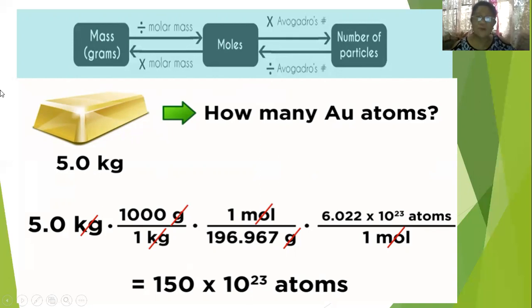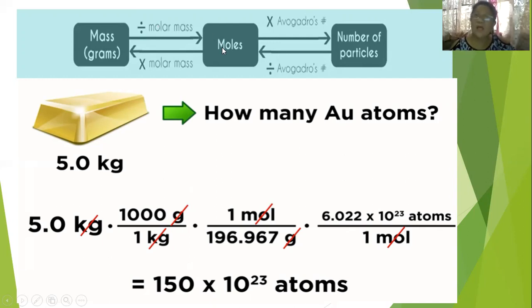In order to convert your grams here, be sure it should be in grams. So whatever unit is there in the mass, convert that first into grams. Okay. So if your mass is in grams, divide it with the molar mass to come up with moles.